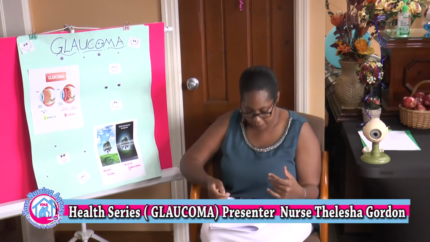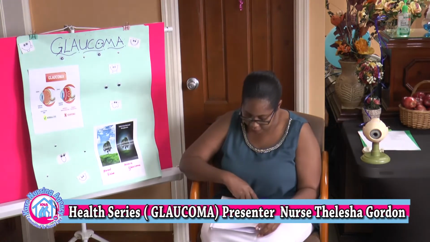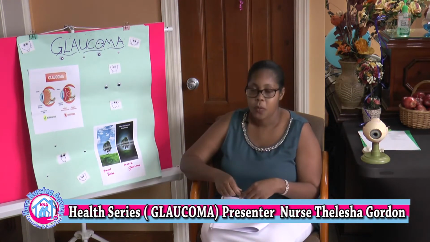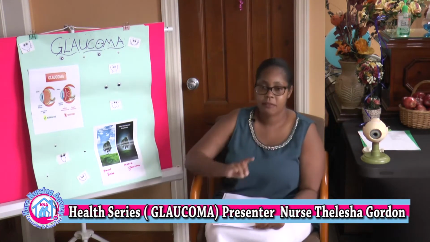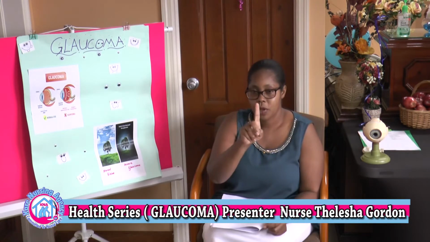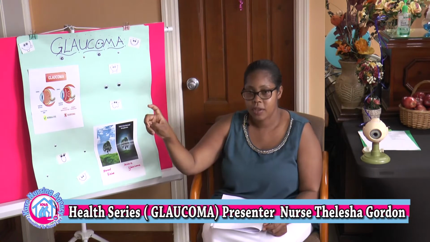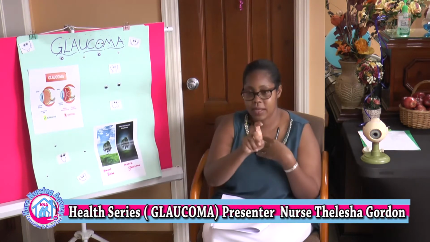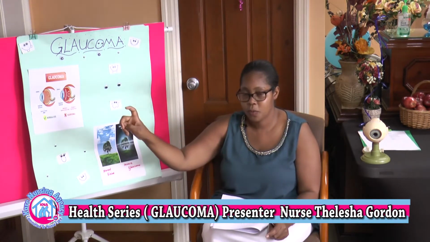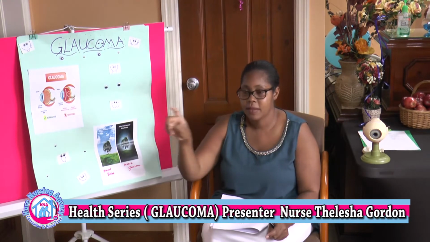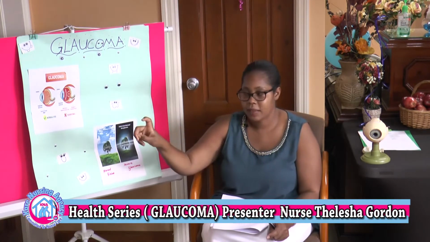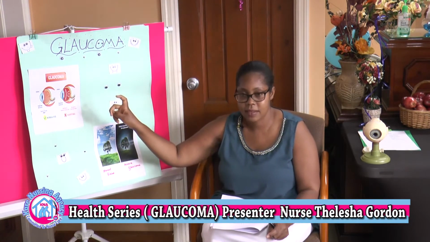Long ago, before that machine was developed, they had the confrontational test, where the doctor sits directly in front of you and asks you to look at the finger. And as you go to the side, you have to keep looking at the doctor and tell us when you stop seeing the finger. Some persons may stop seeing it as close as here, some persons may see it as far as here.